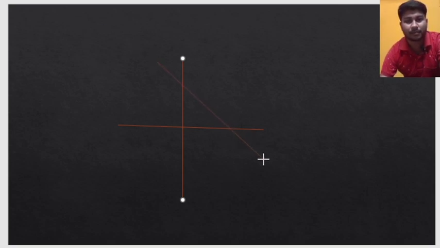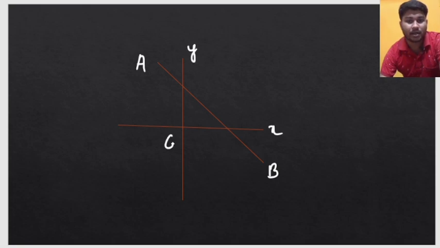I am giving the same line the name AB. This is the x axis, this is the y axis, and this is the origin.